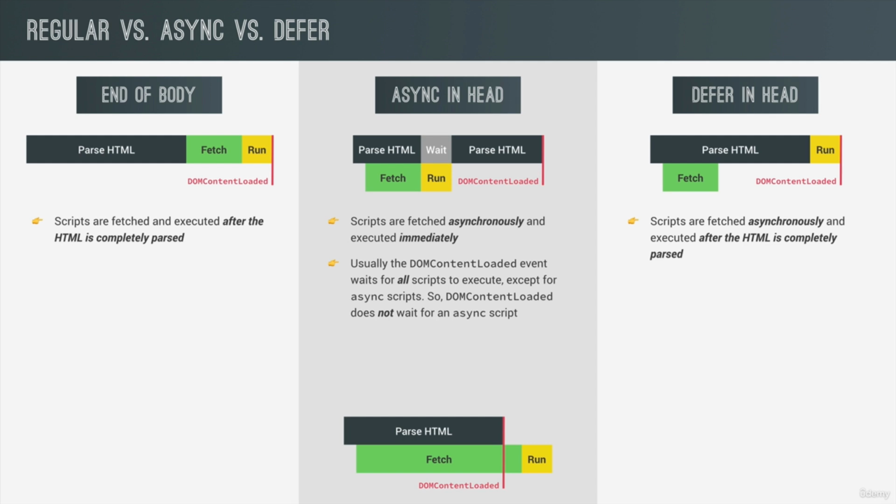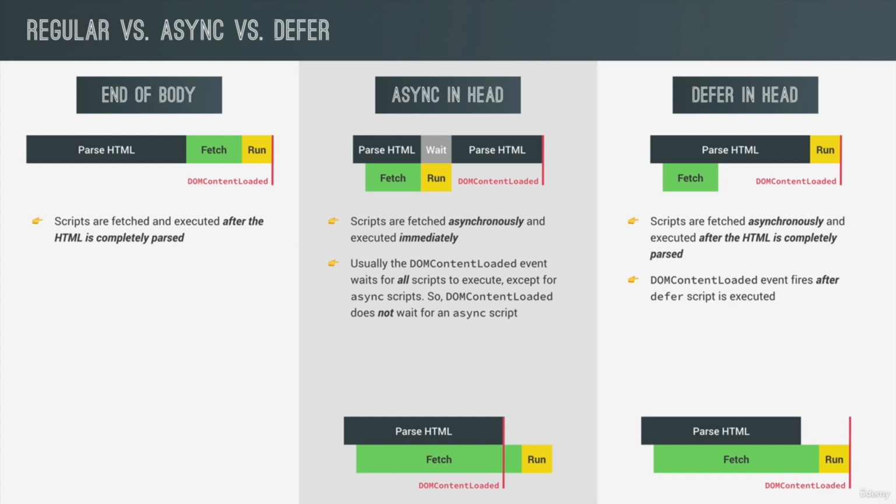Now, using defer, on the other hand, forces the DOM content loaded event to only get fired after the whole script has been downloaded and executed. And so this is the more traditional way that this event works. Another very important aspect is that async scripts are not guaranteed to be executed in the exact order that they are declared in the code.